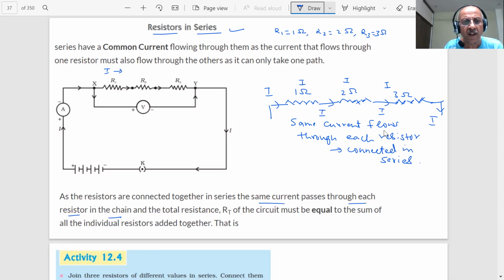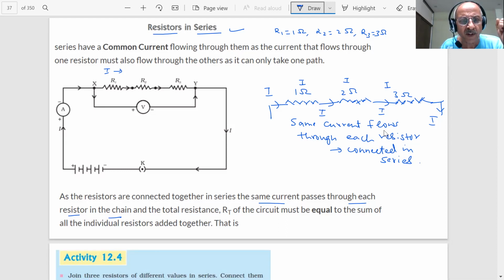Very important. The total resistance of the circuit RT must be equal to the sum of the individual resistors added together. We will now perform an activity, student, to find out the value of the effective resistance.